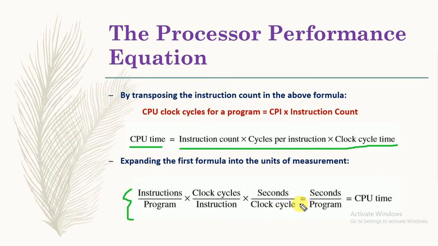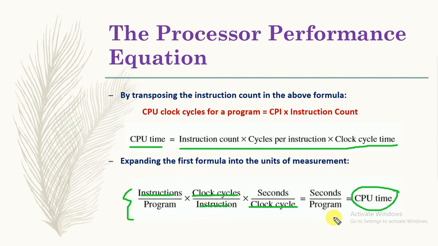The instructions cancel out and the clock cycles cancel out, leaving seconds per program, which is equivalent to the CPU time, the number of seconds for the entire program. That is how we can evaluate the CPU time usage.